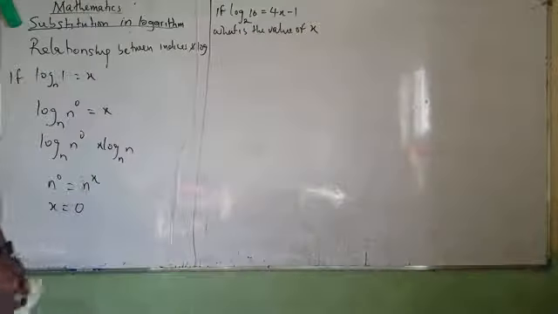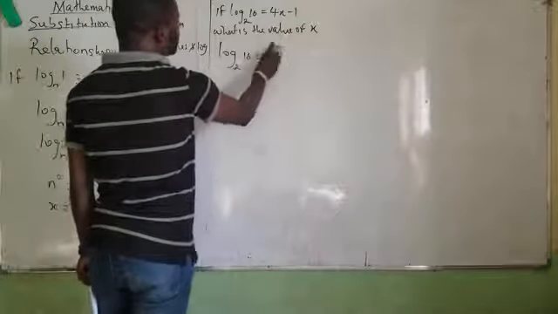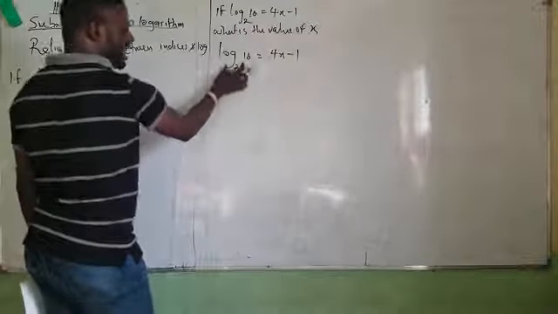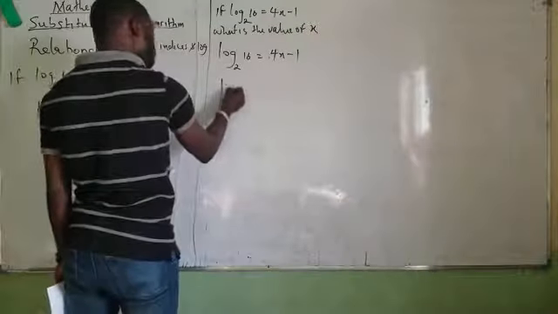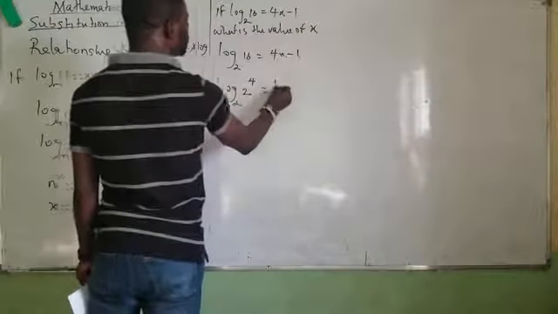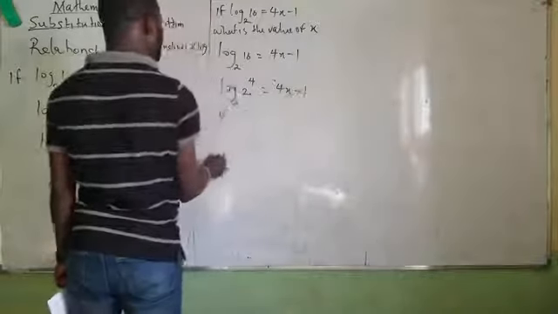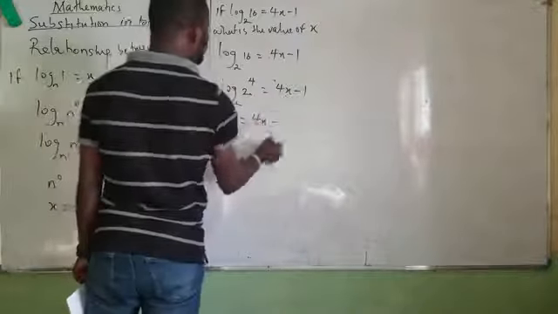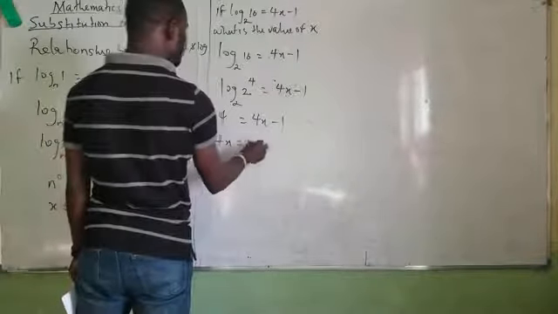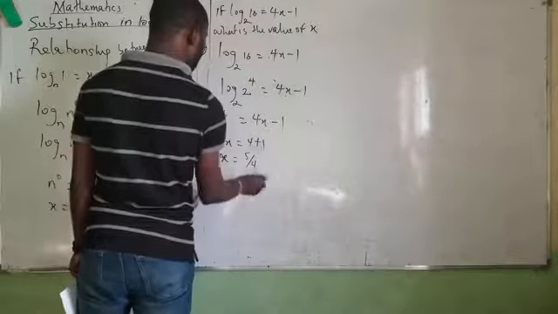Anytime you have something like this, I can turn it to log 2 of 4 equals 4x minus 1. This shall be 4 equals 4x minus 1, which I will have as 4x equals 4 plus 1, which is x equals 5 over 4. That is my x.